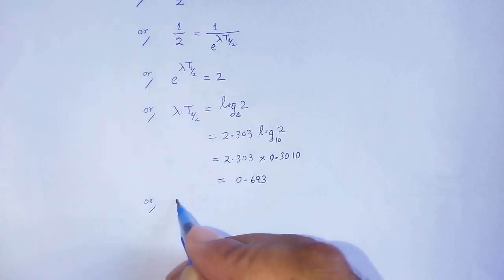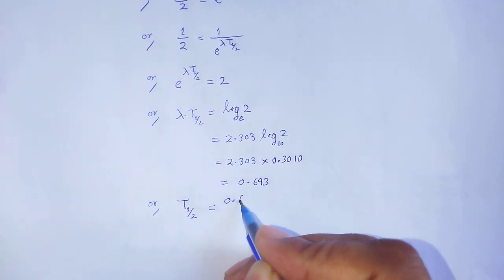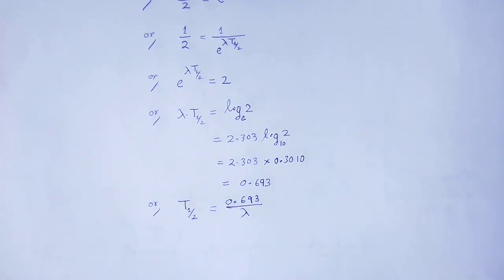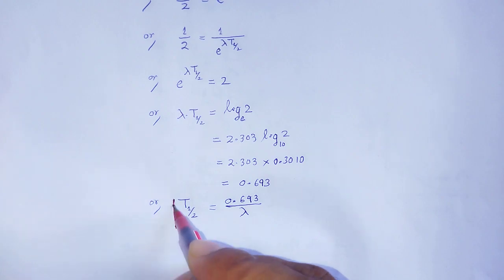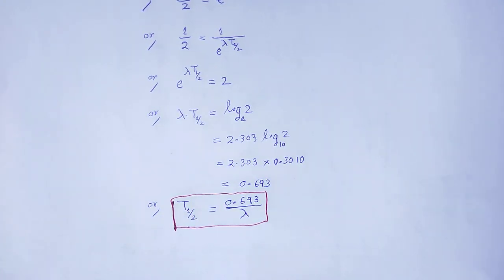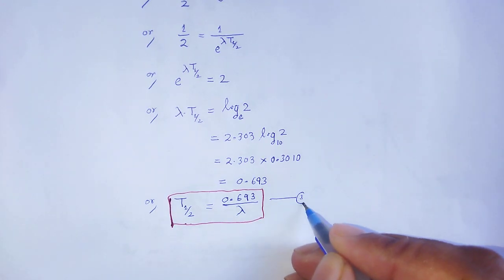Then t half is equal to 0.693 divided by lambda. What is lambda? Lambda is the decay constant or disintegration constant. This is equation number 3.